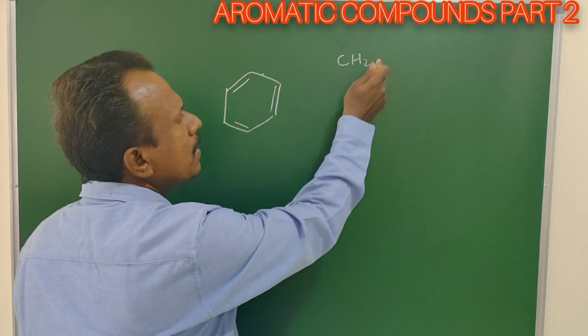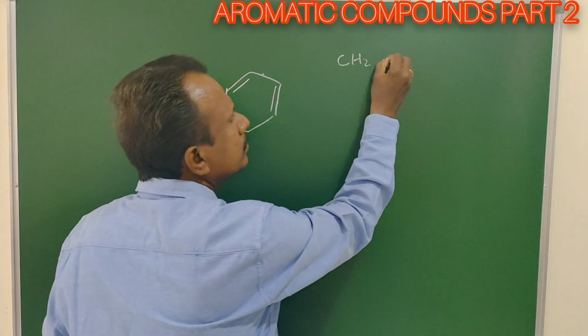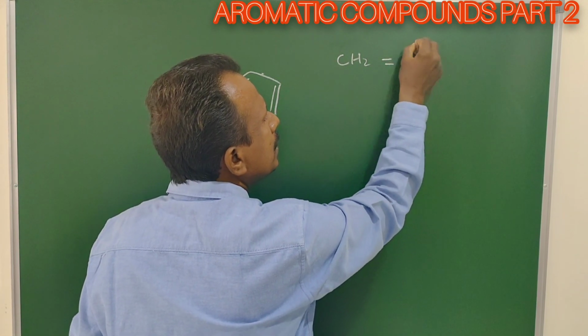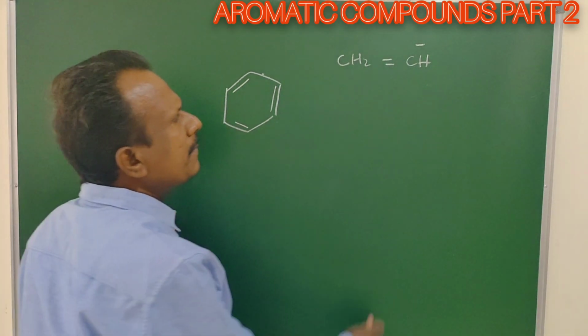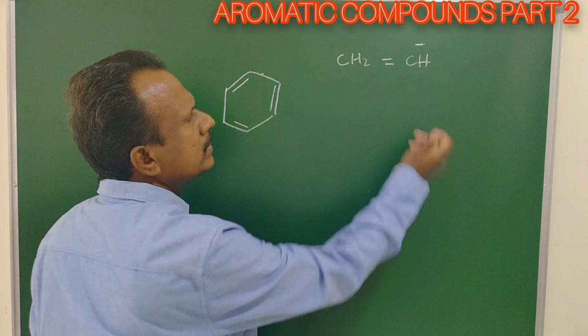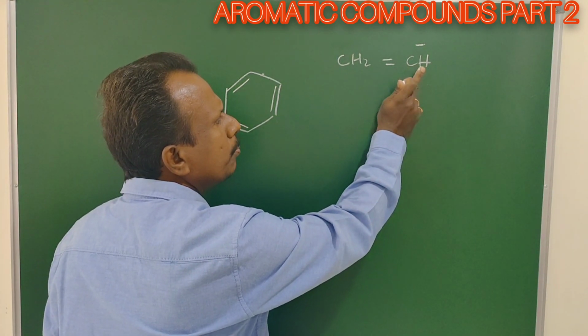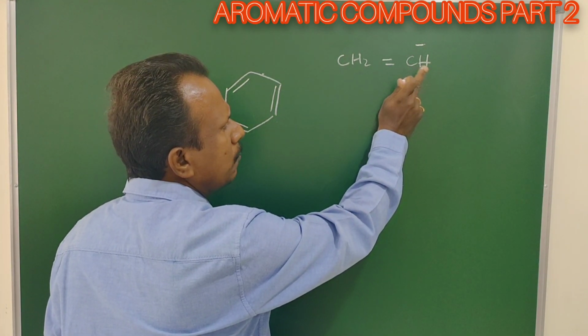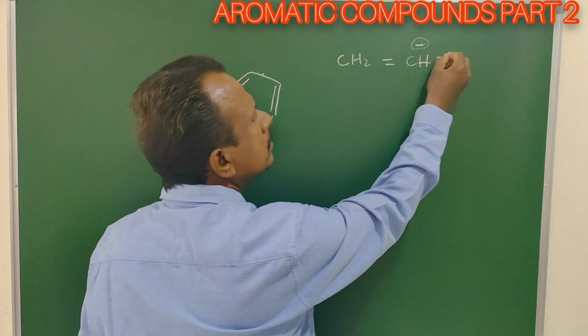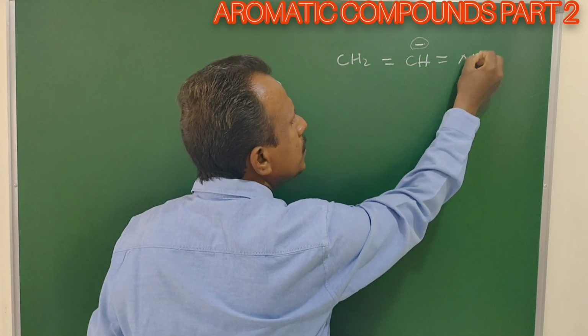This group having 6 valence electrons is equal to CH minus, also having 6 valence electrons, because carbon 4, H 1 valence electron, 5 minus 1 is equal to NH.